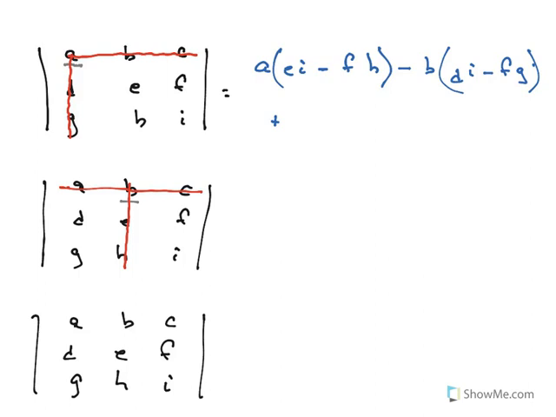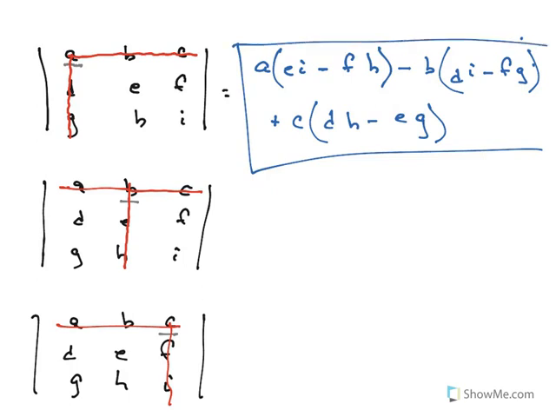So now we're moving to C, so I look at the C element, run C, and then I get rid of C's row and C's column. And again, we get this little 2 by 2 thing, so we say DH minus EG. And that's how we do our 3 by 3 matrix. Of course, these would all be numbers.